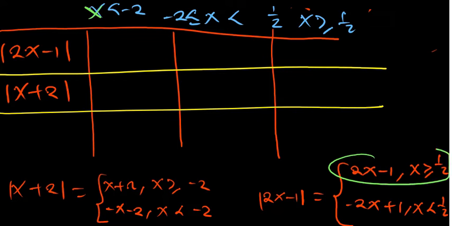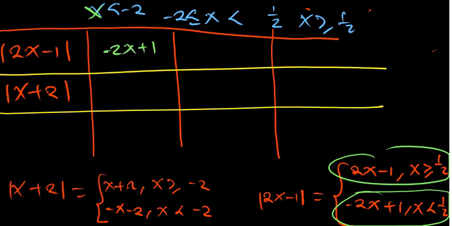Now among those two guys which I've just circled, which one is giving us the information that x has to be less than negative 2? The second one, yes. So I'm going to put the second one. Okay, I'm going to say this is going to be negative 2x plus 1. I'm done with that table.